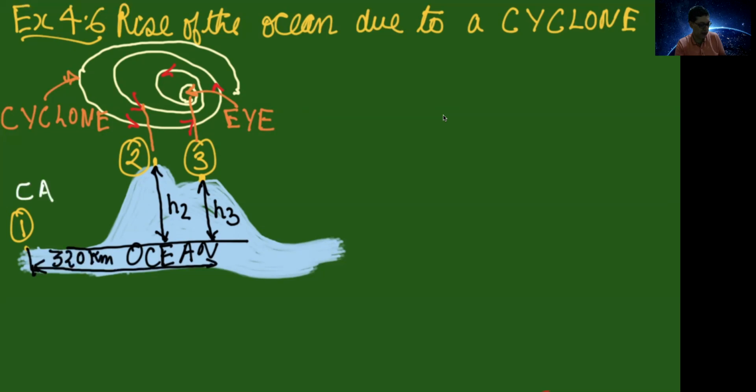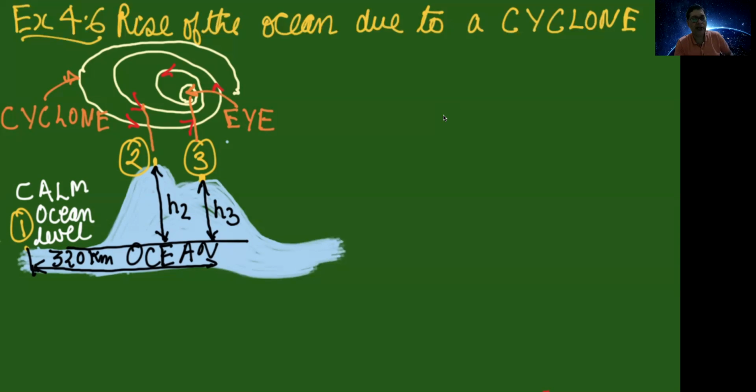And as I mentioned, the distance between the eye and this free surface, which is at atmospheric pressure, is 320 kilometer. At point 1, you have a calm ocean level. The level is not rising. The pressure is atmospheric.